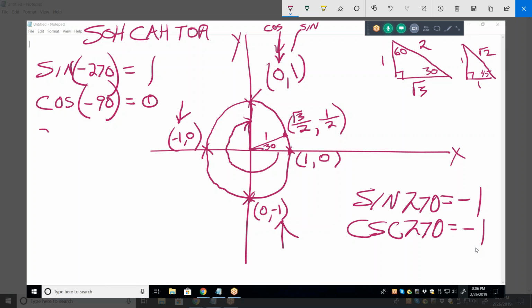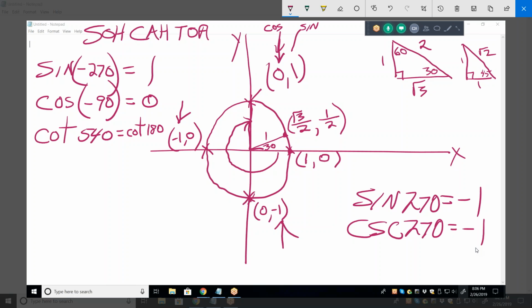The next one is cotangent of 540. Now, when you have angles that are greater than 360, what you want to do is subtract as many multiples of 360 away from that. If I take away 360 from that, I got 180. So the cotangent of 540 is the same as the cotangent of 180.